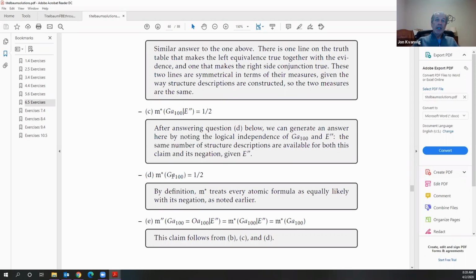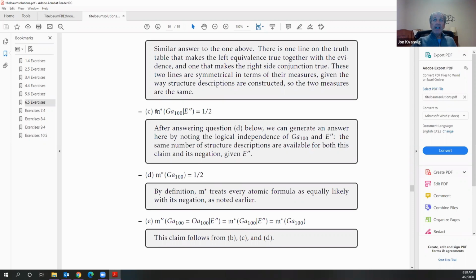First, the unconditional probability of any atomic formula is always going to be 1/2 by Carnap's M star measure, just like it was for his M dagger measure. So that's fine. D is just a trivial result of the way in which the principle of indifference works for these two Carnapian measures.